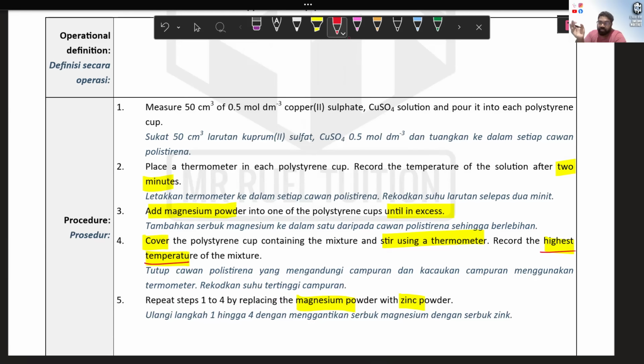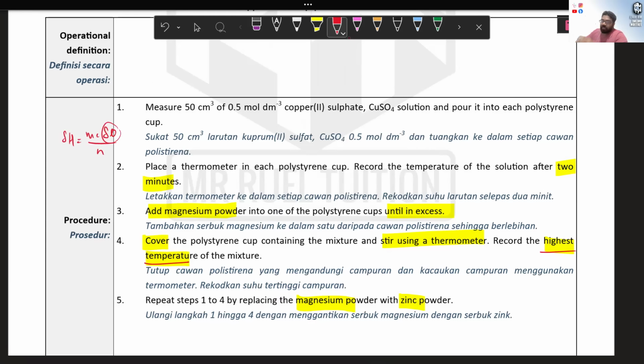For the heat of displacement, we are getting the highest temperature. But this one you can't just use the highest temperature, isn't it? You have to use the change in temperature, right? If you want heat of displacement, because heat of displacement will be delta H is mc delta theta over n, right? So we need delta theta.